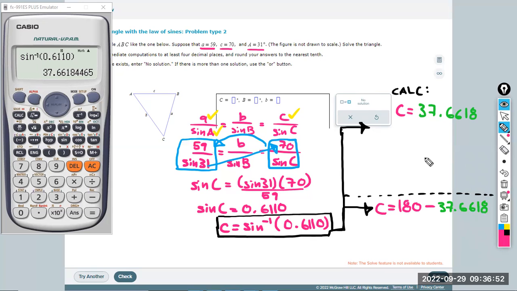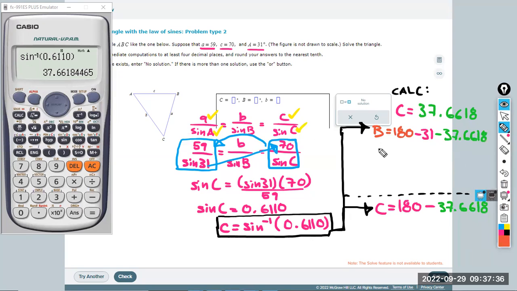I'm going to concentrate on the first case, and I'm going to check this one that I have in both cases. So now remember that when we have two of the three angles, we can get the third one really easily, because we just have to subtract from 180 the other two angles, which are 31 and, in our case, 37.6618.